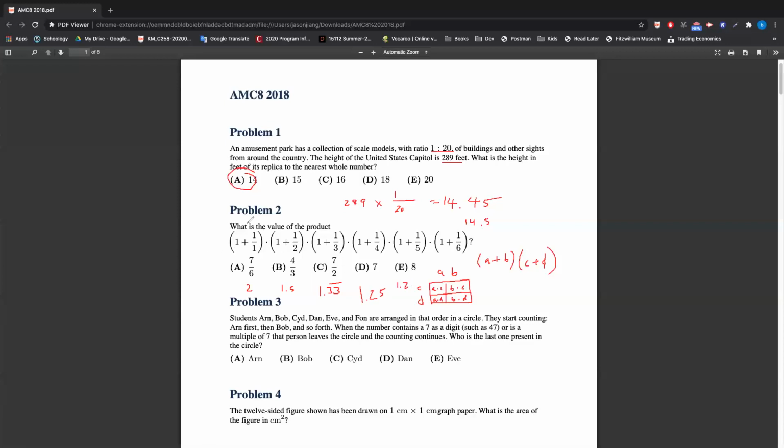But if we convert everything to an improper fraction, we see something quite nice. So we have 2 over 1, and then we just change this to an improper fraction, and we'll do the same for everything else.